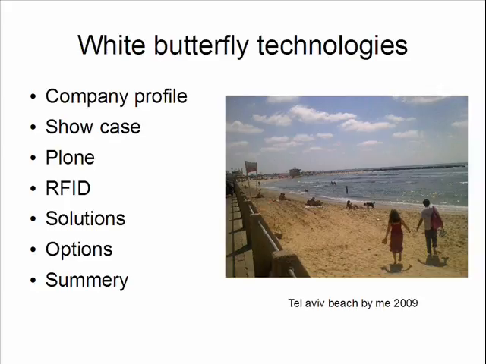So each shop member will have this tag, and the minute they come to the shop I can see exactly the details of the person, and what he buys, and if he's a preferred client, and give him the service based on his preferences, and also give him a discount. So it doesn't even need to show me in the cash, because I know exactly who this client is the minute he's going into my shop.